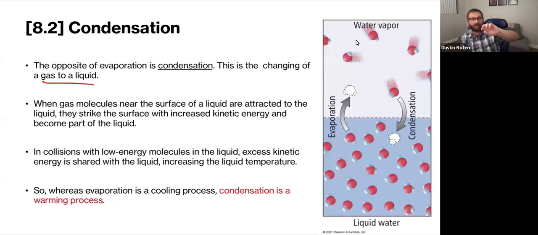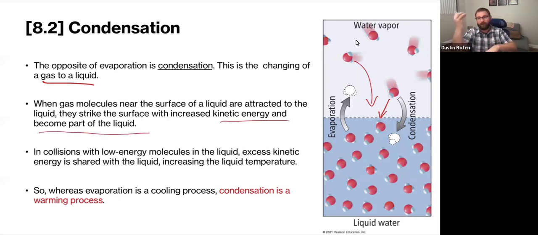When gas molecules near the surface of a liquid are attracted to the liquid, they strike the surface with increased kinetic energy and they become a part of the liquid. So essentially, you're getting these collisions where the vapor molecules hit the surface of the liquid and become a part of it.